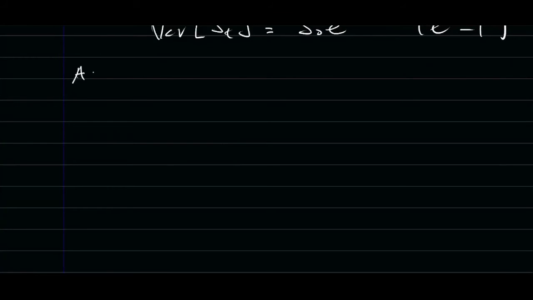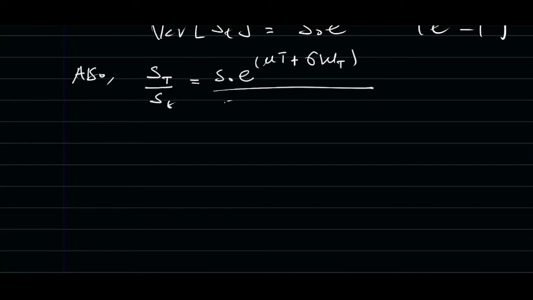Also, if we look at this quotient S_T over S_t, by the definition, e to the power of mu T plus sigma W_T, divided by S naught e to the power of mu t plus sigma W_t. Cancel this.